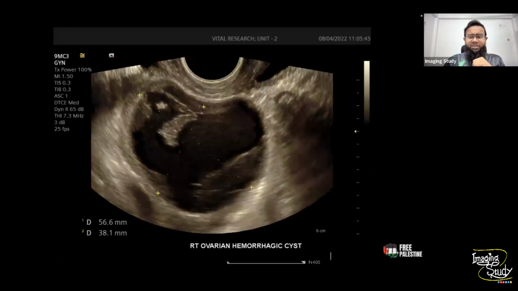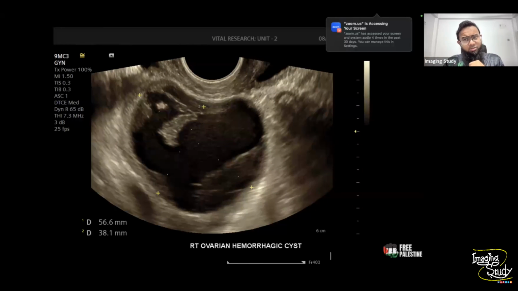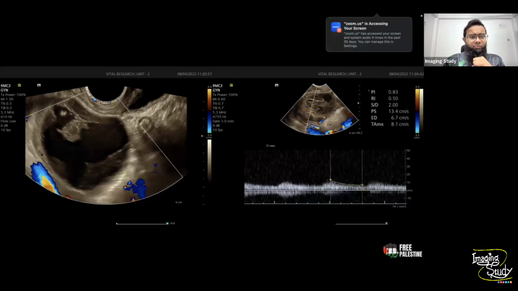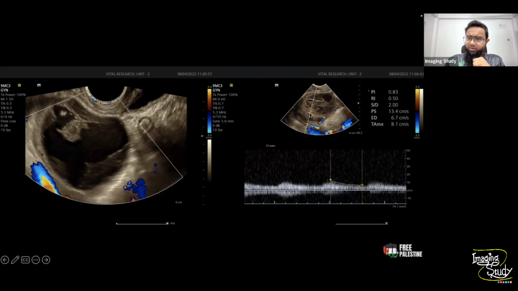So again, we have measured the lesion. It's less than 10 centimeters. So we'll go for the O-RADS score of 2. And there is no vascularity inside, so we want to go for a color score of 1. We took a sample from the adjacent ovarian vessel, and you can see there is a moderate resistance flow here, which is very typical.